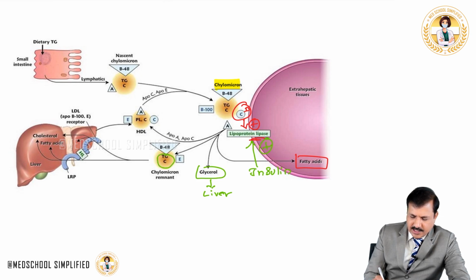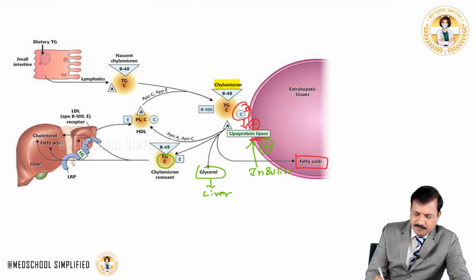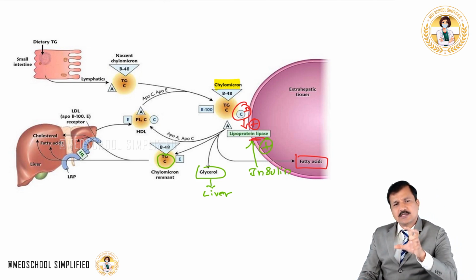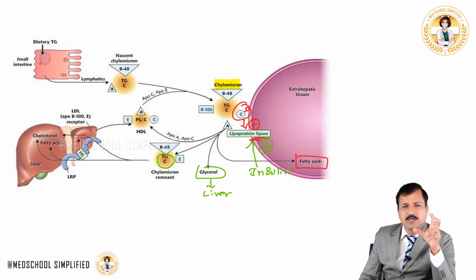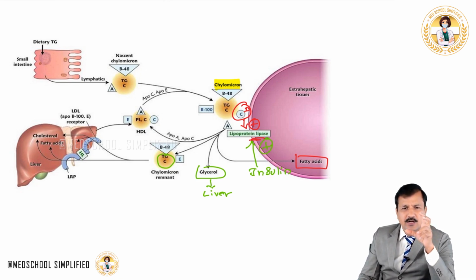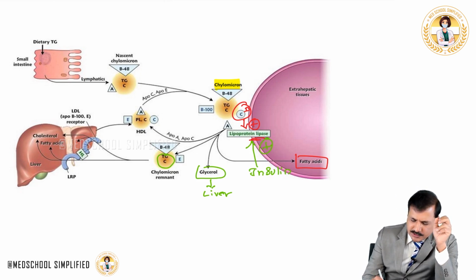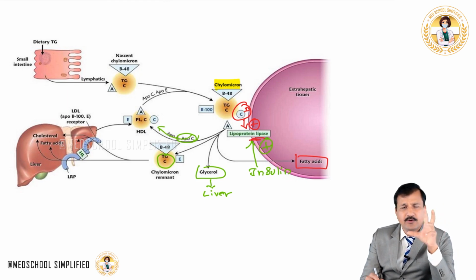So as the size of the chylomicron is reduced and 70 to 90% of its triacylglycerol is taken out, Apo C-II will go back to HDL. Whenever a significant amount of lipid is taken out of the chylomicron, Apo C-II goes back to HDL.